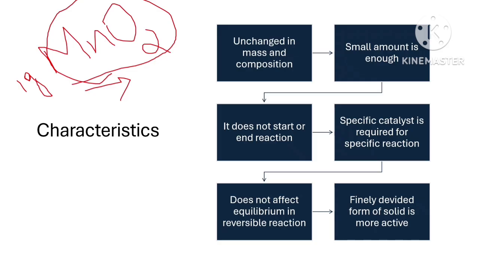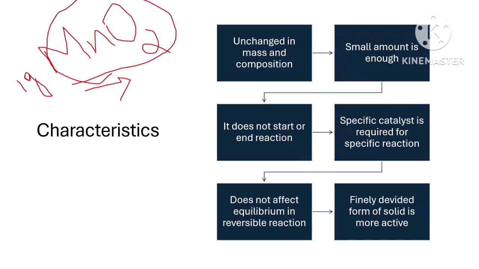Clear? Okay. What is a reversible reaction? It means reactants will give product, and simultaneously that product will give reactants back. Right? The catalyst will not affect the forward and backward reactions. But what it will do?